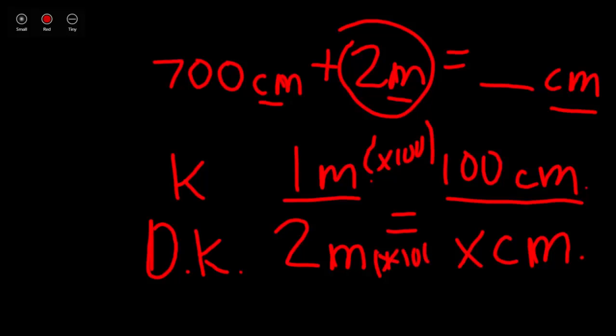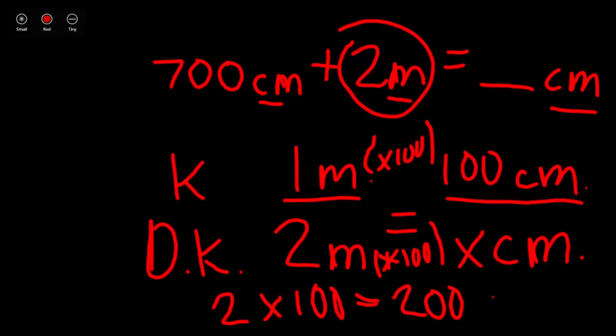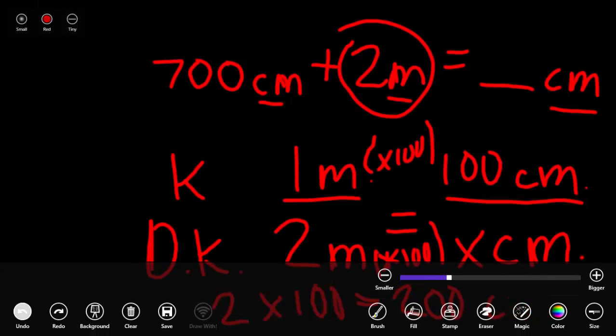Multiplying by 100 again. So our number sentence will be 2 times 100 to find our variable. That equals 200 centimeters. So we know that 2 meters actually equals 200 centimeters.